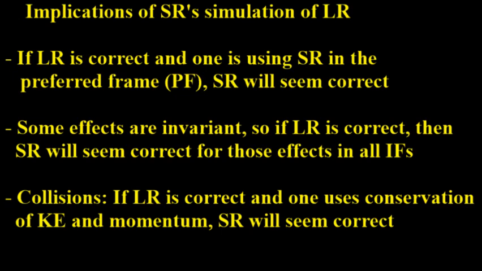Okay, to expand on this first bullet, we note that some physics effects and values are invariant. So if Lorentz relativity is correct, then special relativity will seem correct for those invariant effects and values in all inertial frames. And we've already discussed one of those, and that's the net proper time difference in a twin paradox.